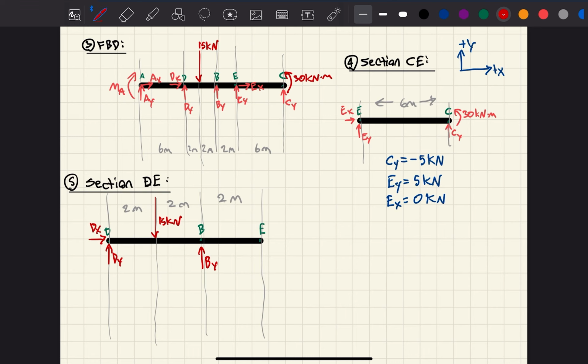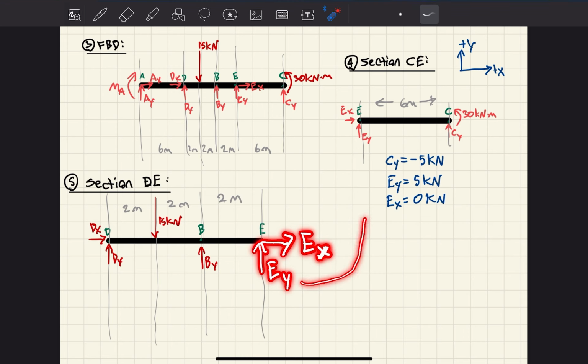Now, a very, very important point. If you were to do this with EY and EX, this is not right, because it's not right if you use the same value you got from CE. At this point, we know what EY is, because we found it in this part of the problem.